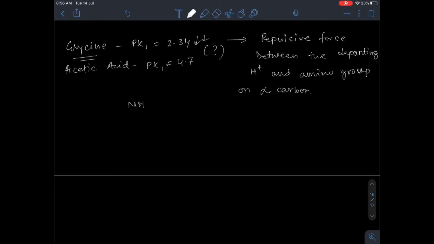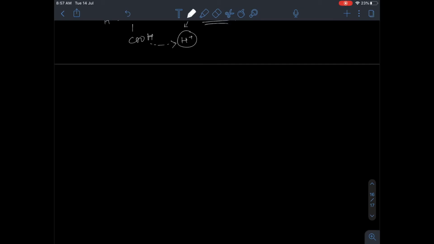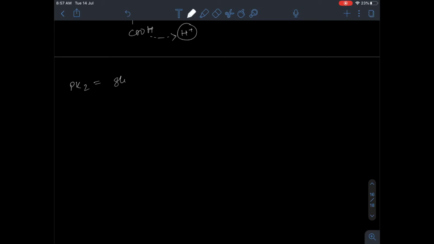If we look at the amino acid structure, we have the alpha carbon, NH3+ and COOH. From COOH, one H+ is going out, and there is a repulsive force between the NH3+ and H+. So due to this repulsive force, this pK1 is quite low compared to other organic and inorganic acids.